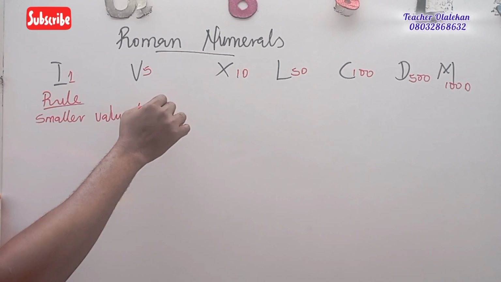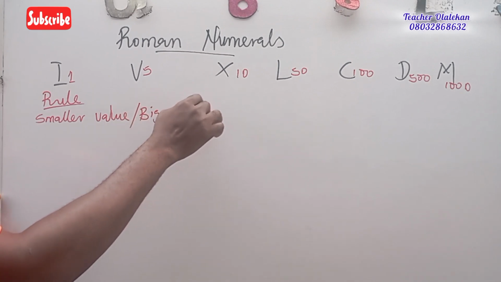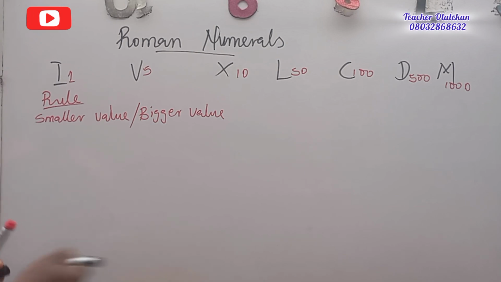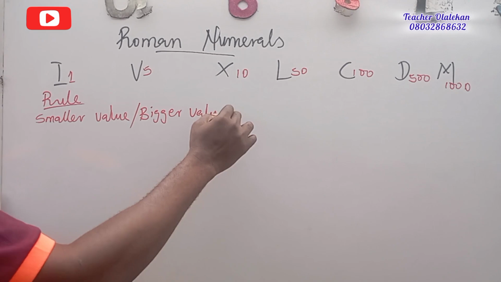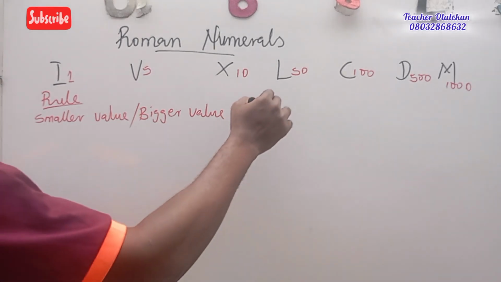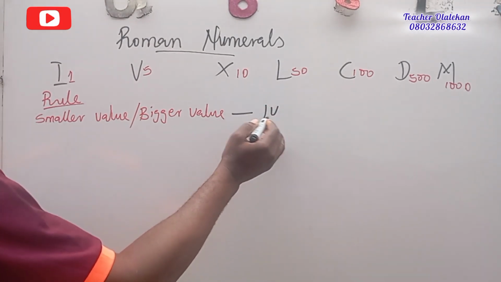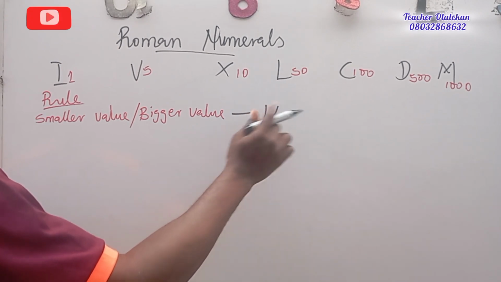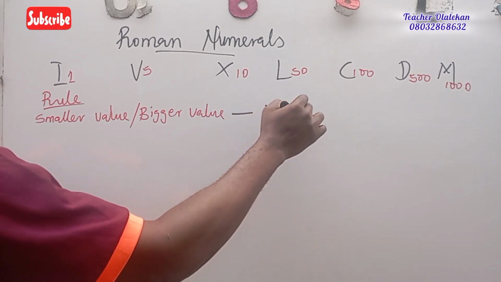This simply means take away. That means you take away the smaller value from the bigger value and you use that to form your figures. Like in IV, I is a smaller value, V is 5, a bigger value, so that is 5 take away 1, which is 4.